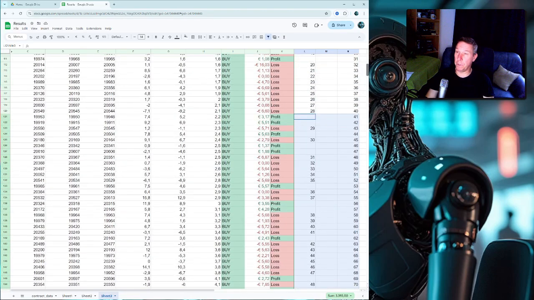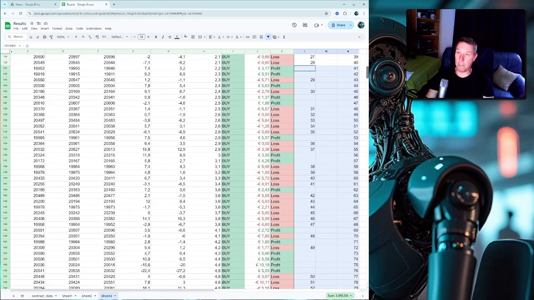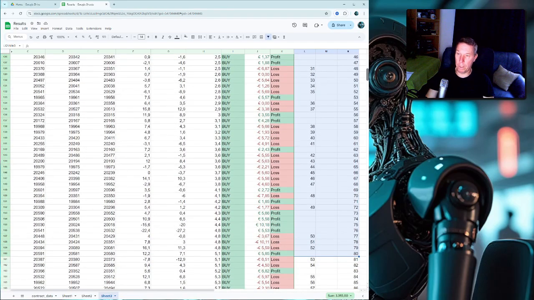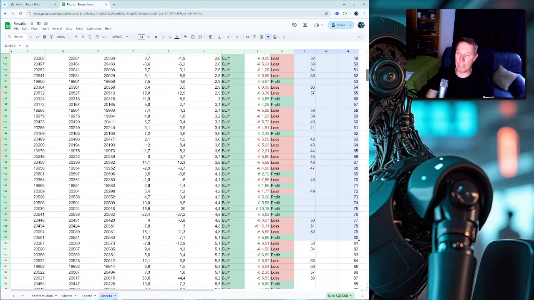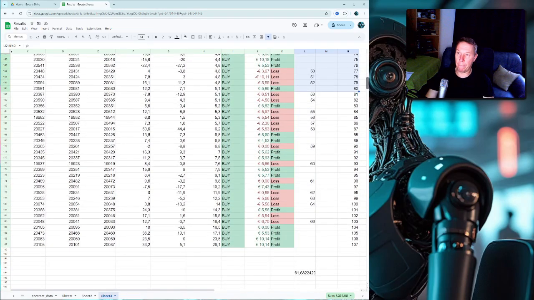So 52 minus 28 is 24 unsuccessful buys in the second 40, and from 80 to, let's say, the next 25, there were also some losses, but not that much.